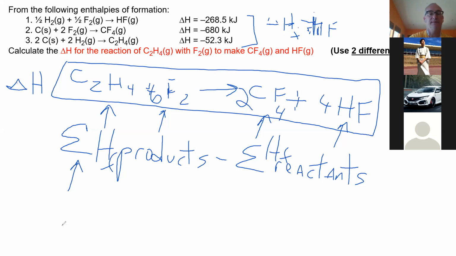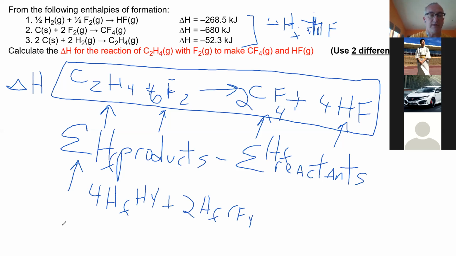So to get this, just like you suggested, we would take 4 times the heat of formation of HF, since we're making 4 of them. And we would add to that 2 times the heat of formation of CF4.